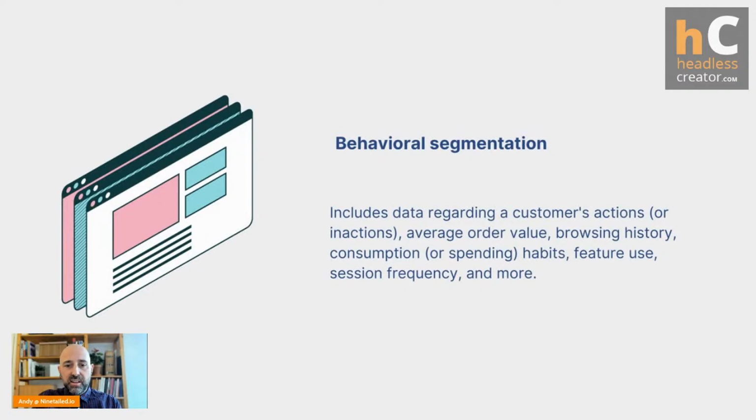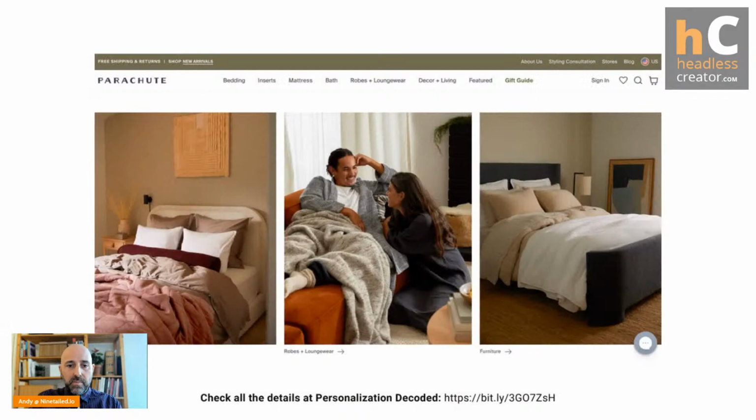We can also base it on other traits, like average order value, browsing history, and a lot of different session data, like frequency, and much more. And here again, another example. In this case, the personalization is based on last seen products. So based on the behavior, based on the different interactions, we can create different segments.